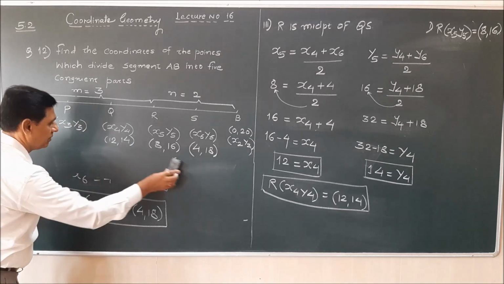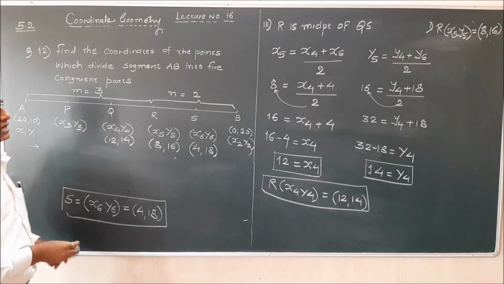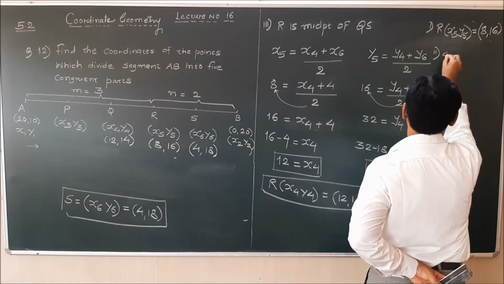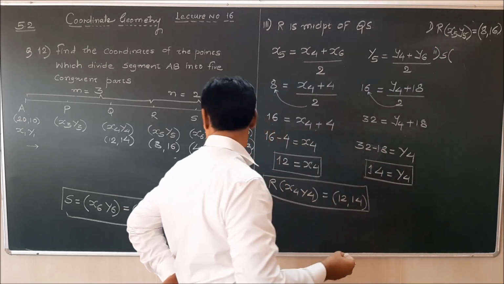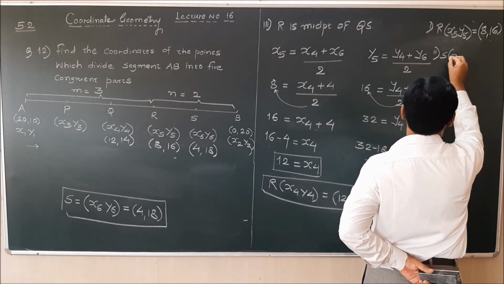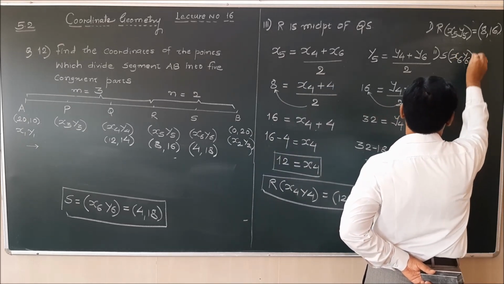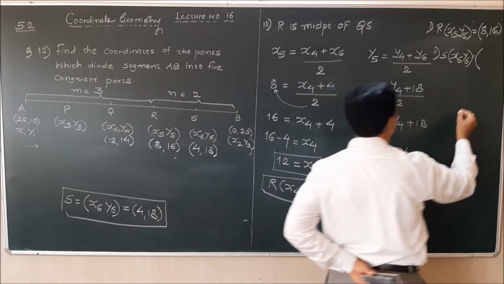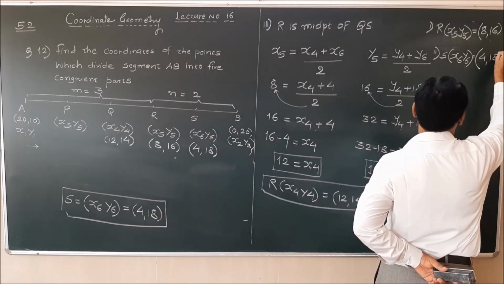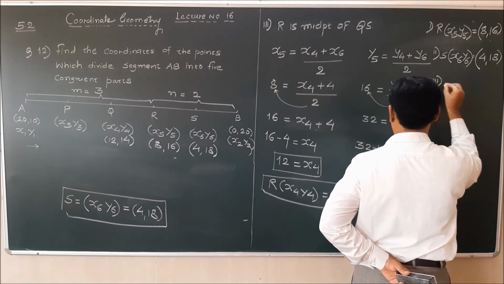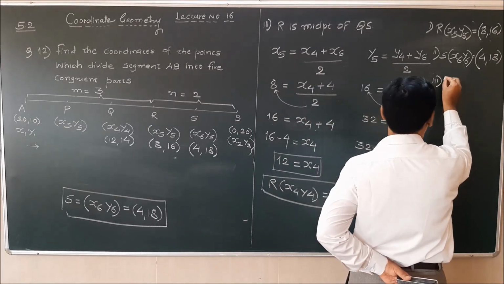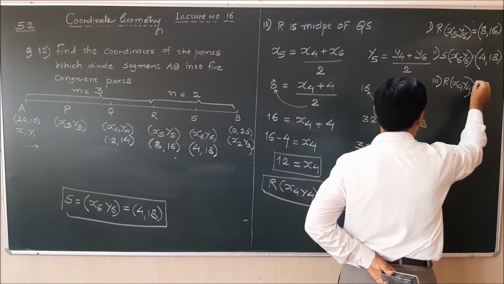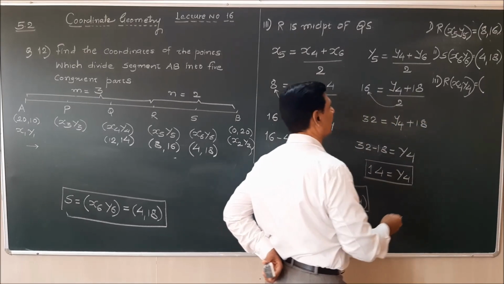Now only one point is left out, and it is very simple because you will notice that it is point P. The second point which we got is S, x6, y6. Coordinates of x6, y6 are 4, 18. And third one we got R, x4, y4, that is equal to 12, 14.